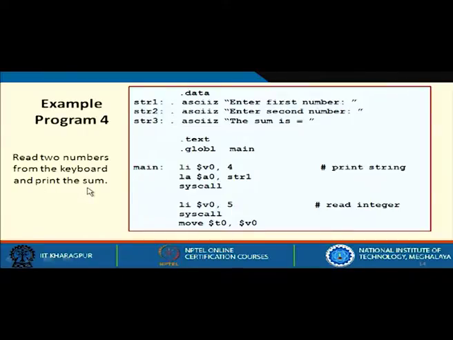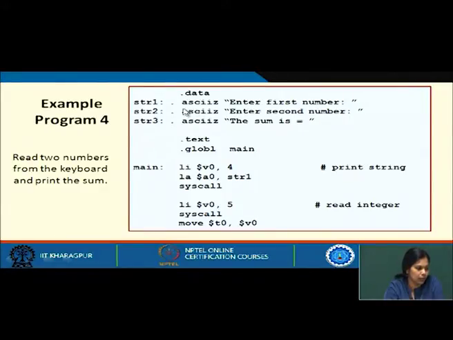Now, here you see: read two numbers from the keyboard and print the sum. So, first of all, I have to read two numbers. In the data section, I initialize three strings: str1 specifies enter the first number, str2 specifies enter the second number, and str3 specifies the sum is equal to, and then the sum will be displayed.